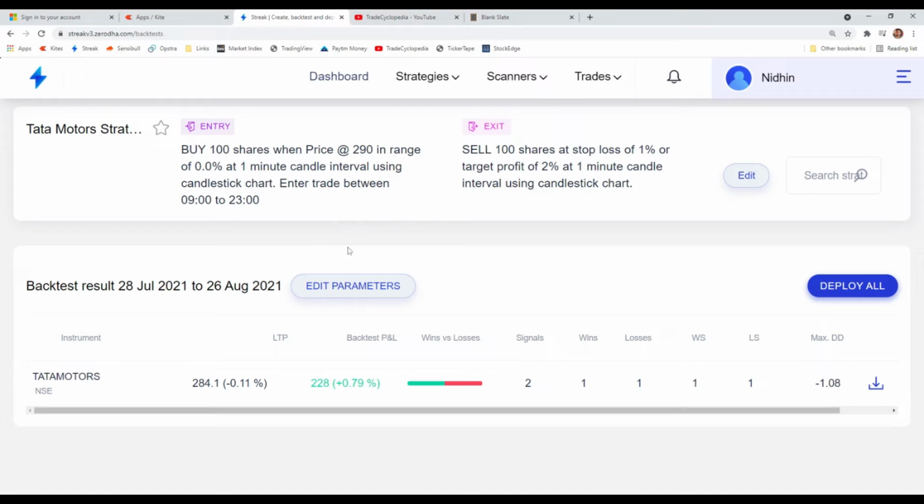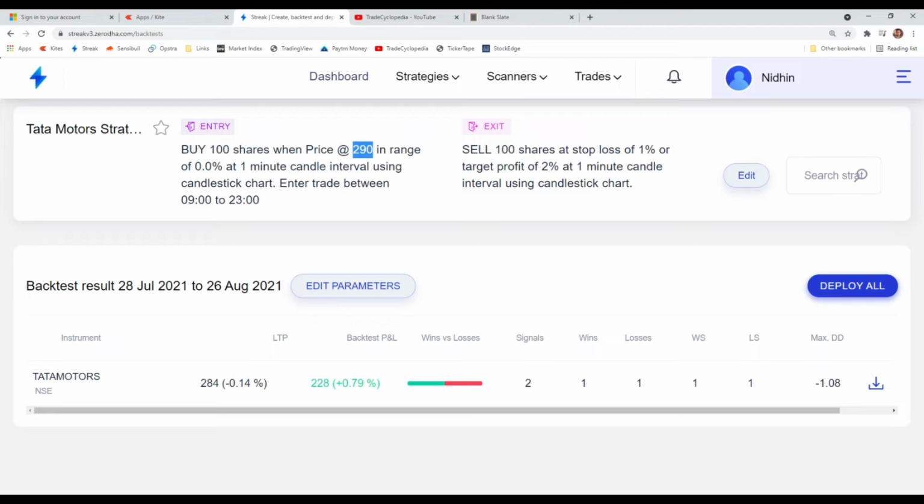So if I'm convinced with this one, I'll tell you what this range is. If I specify this range as 1%, for example, then it will calculate the 1% range of this entry price, 290. So 1% would be 2.9.